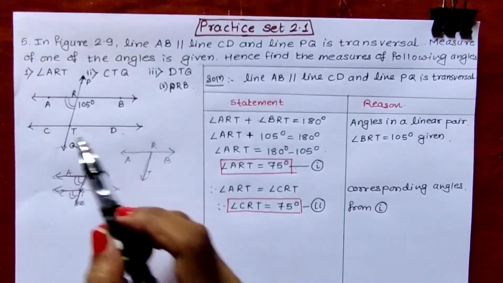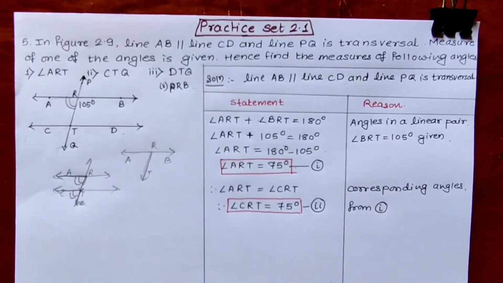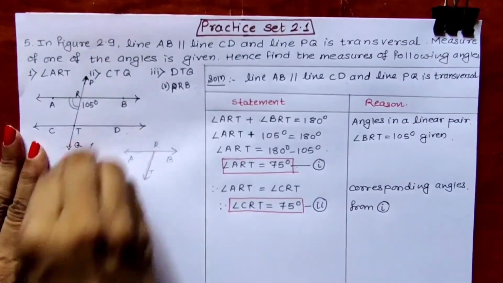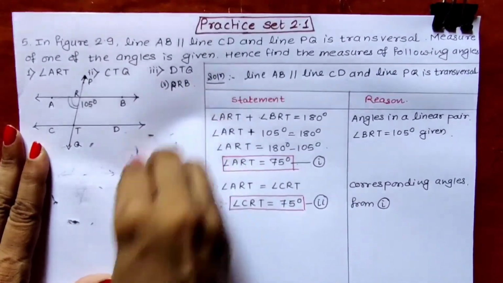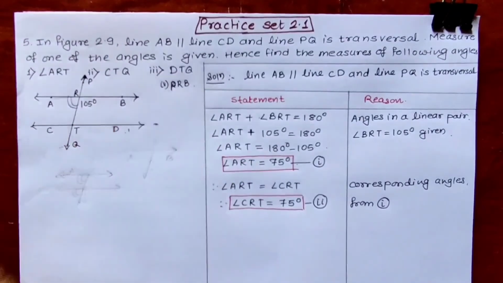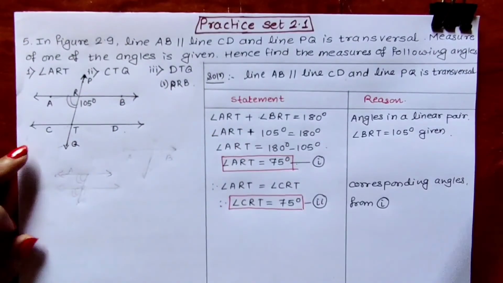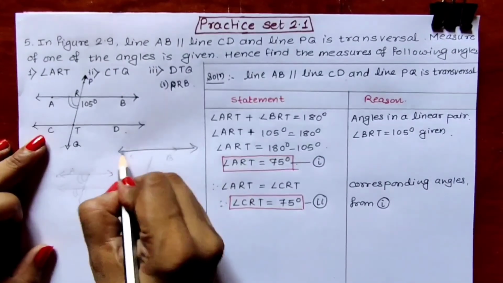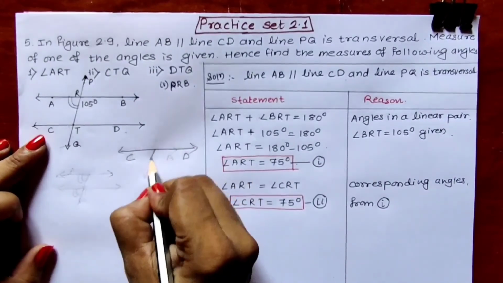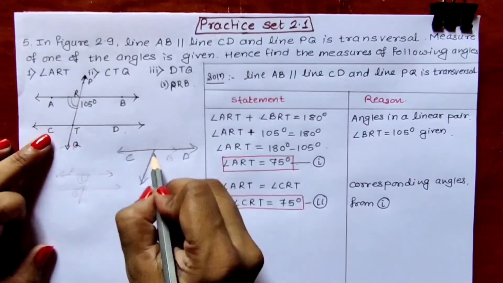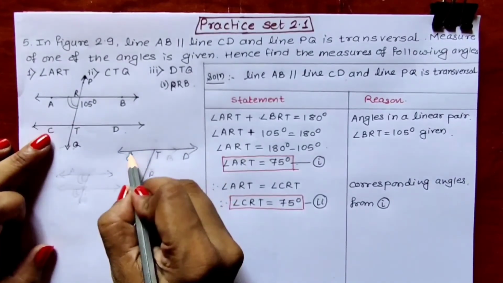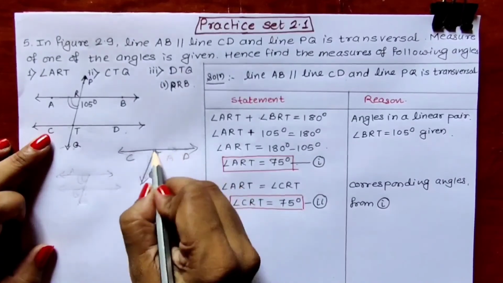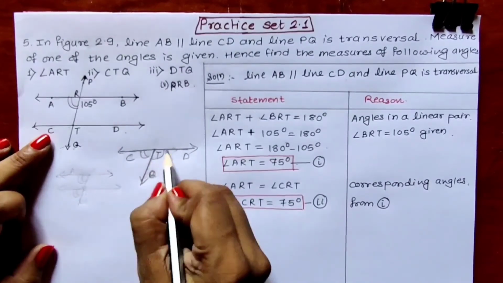Now we will have to find out DTQ. See this DTQ. See children, this line I am going to draw, line CD, and one ray below, TQ. TQ is the ray. So CTQ and DTQ, these two angles are in the same line.